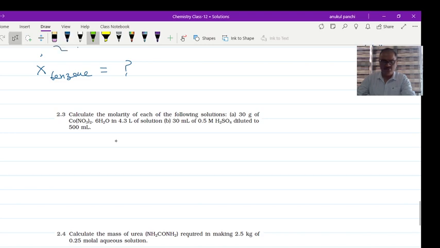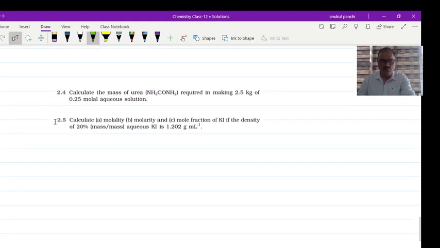Atomic mass of cobalt is 59. Solve it and get the answer. In case of problem, we will take a Zoom meeting and do more numericals also, because these are very simple. These you can solve yourself.